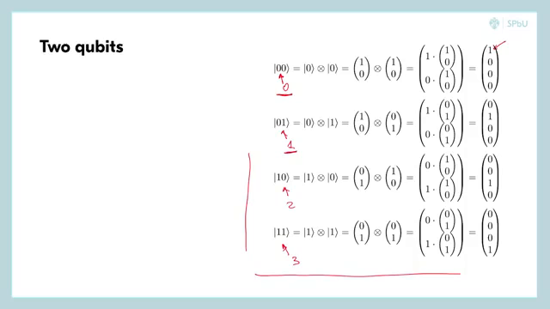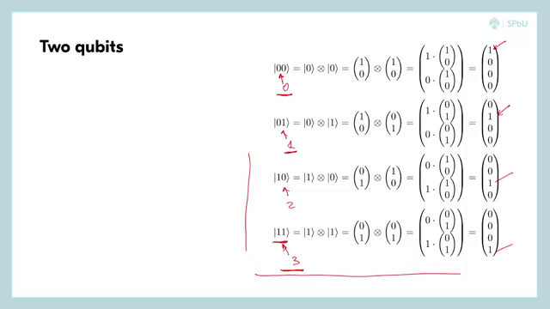When we have 1, we have 1 on the second place. Here we have 1 on the third place and on the fourth place. So the position of this single 1 in the column is defined by the number of the vector, which we can read from its name in binary notation.